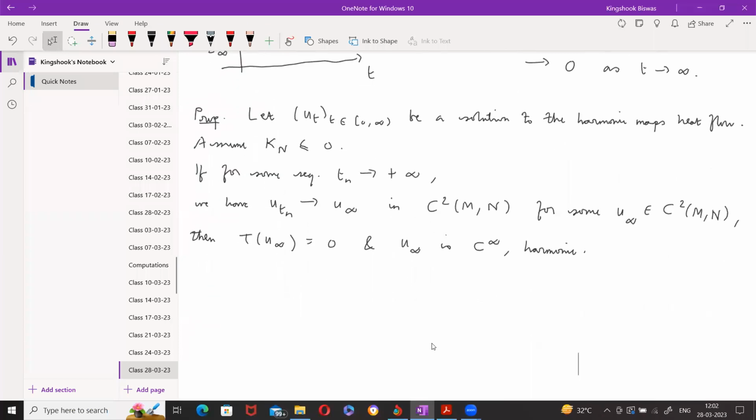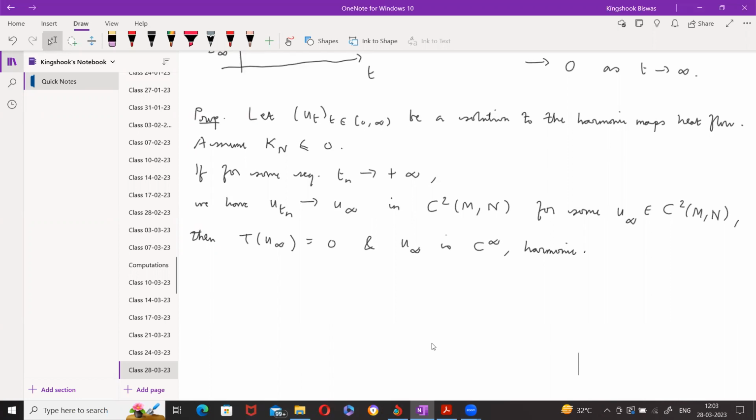So any limit of the harmonic maps heat flow, if it converges in C2 norm, means uniformly in C2 norm on M. You might be asking, how do I define the C2 norm? Well, you take charts on M and N. With respect to the charts, you get maps from R^n to R^m, and there you take the C2 norms, and then you sum over the charts.